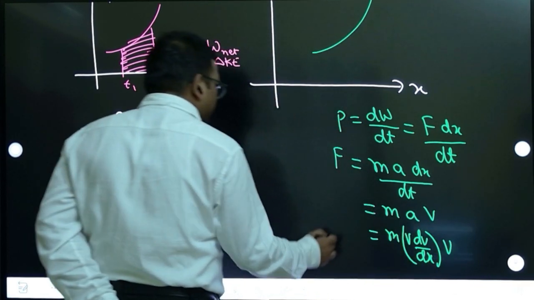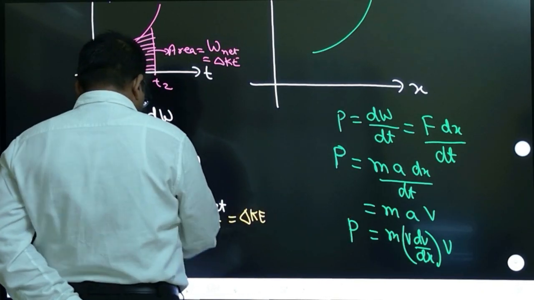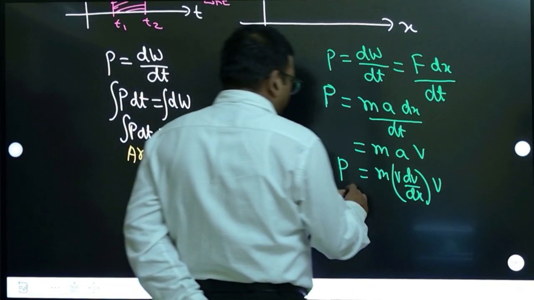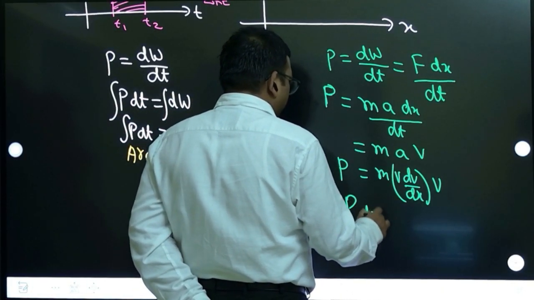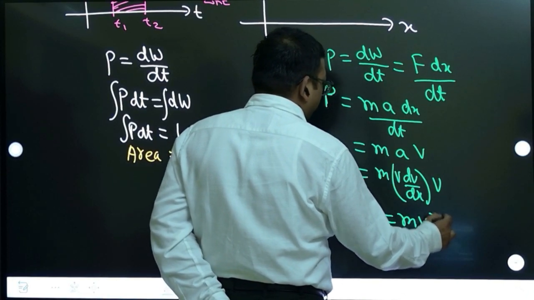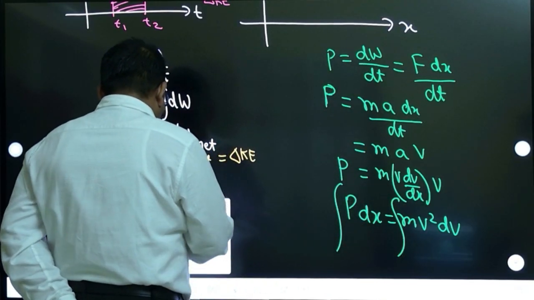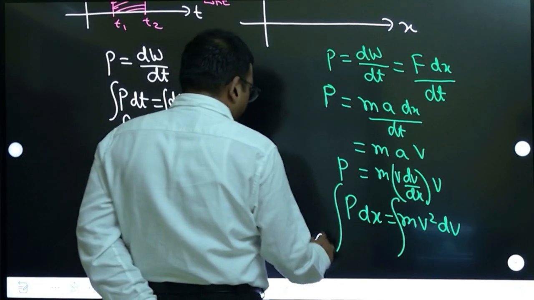Now you see the dx term is coming. This is power. So now I will bring the dx term to this side, and this becomes m v into v dv. Now you integrate. This is the area under the power-x graph.